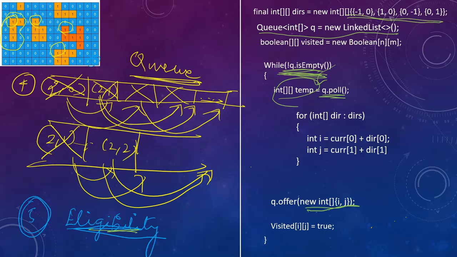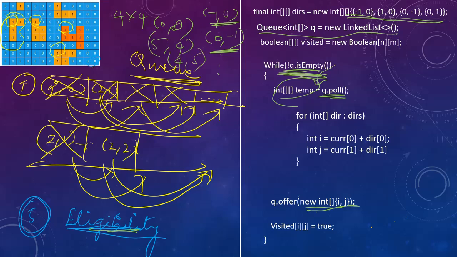If we are starting from 0, 0, then these 4 coordinates are going to be -1, 0 and 0, -1, and so on. In this case, -1, 0 and 0, -1 are not valid coordinates because they go out of the matrix. In the same way, if we have a 4 cross 4 matrix, then it is going to calculate 5, 4 and 4, 5. These are not valid coordinates either, as they go out of the matrix.